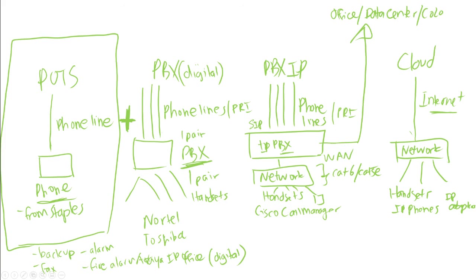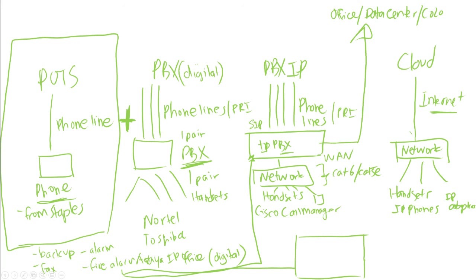This can't really connect to a cloud system, but it can connect to your IP PBX if you want. I'd probably keep it separate, plus I'd connect it, plus I'd have other devices connected to it directly.